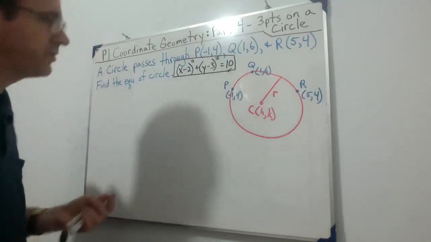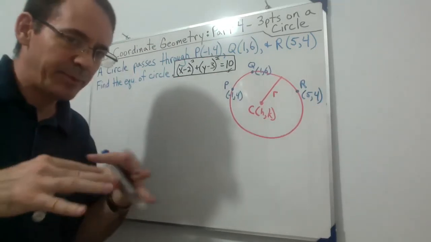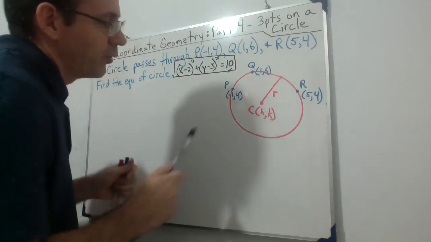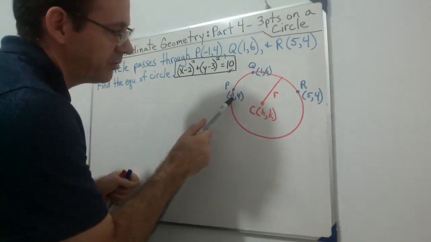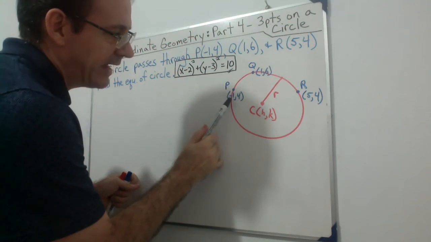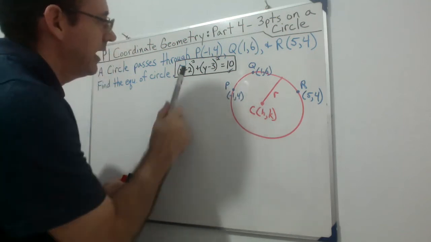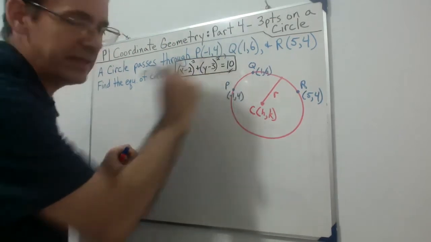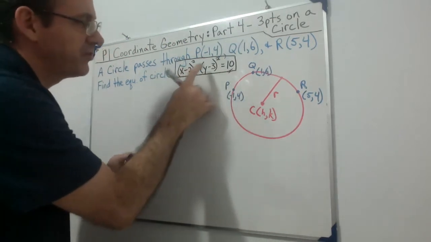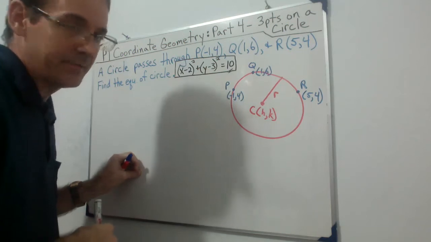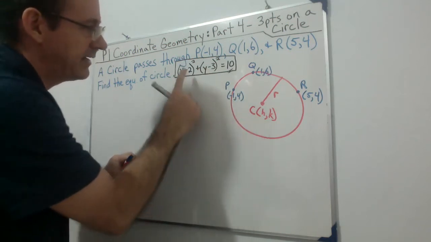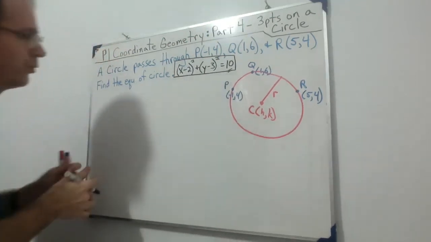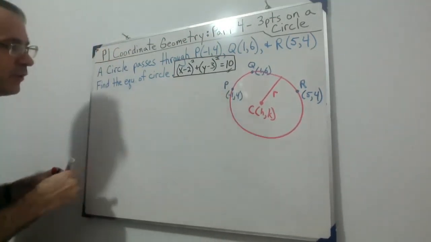So what we want to do, if you want a purely algebraic approach, is take these coordinates, which represent X and Y, and plug them into the formula. Now remember, we don't know the answer yet. We don't know that this is 2, 3, and 10. All we know is that it's H, K, and R. So we're going to plug in -1 and 4.